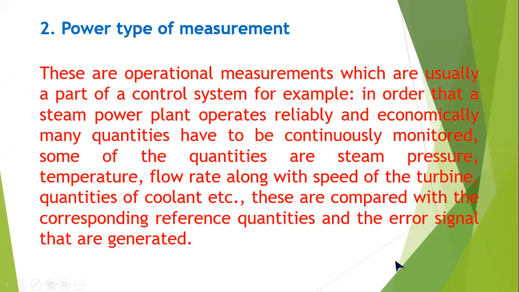The power plant is situated somewhere and the control unit is situated 100 meters or 1000 meters away from the plant. All the quantities like the speed of the turbine, the flow of coolant, and temperature of the steam can be controlled away from the plant. That is the power type of measurement.